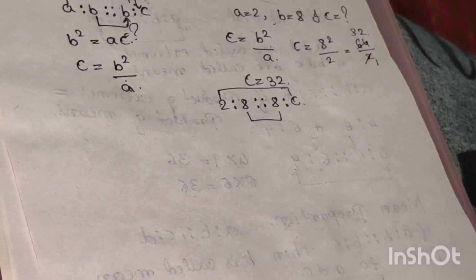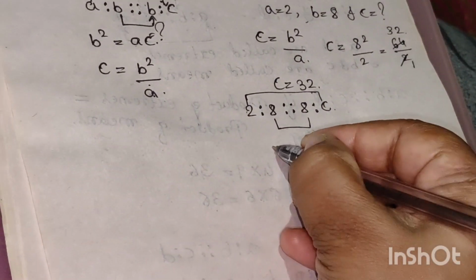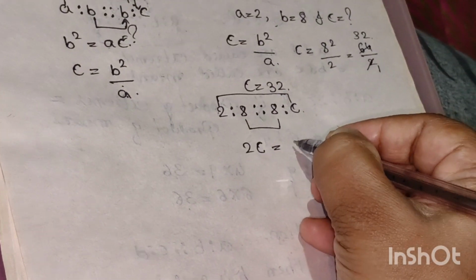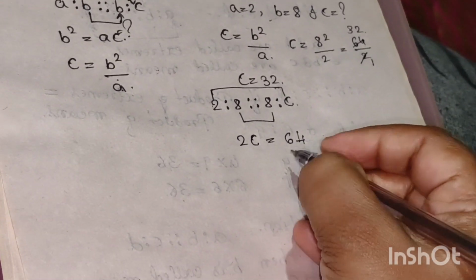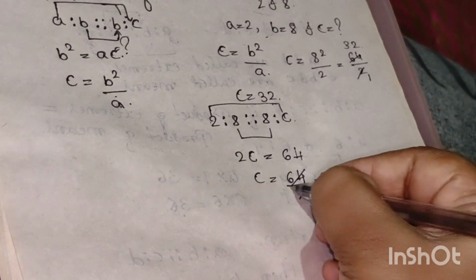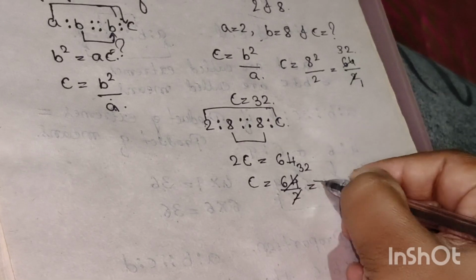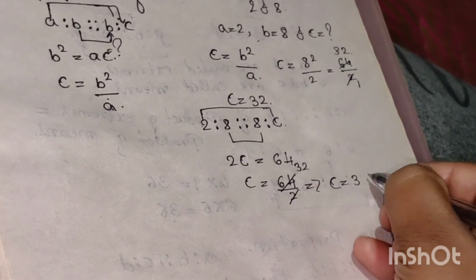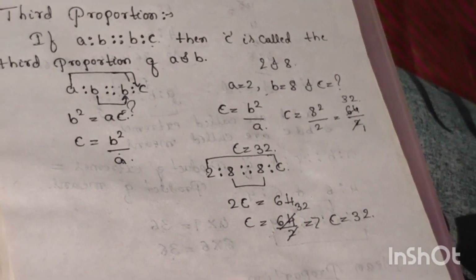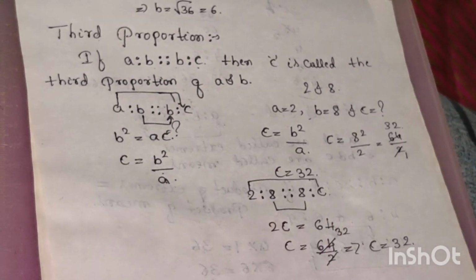Proportion means product of extremes is equal to product of means. So, product of extremes 2C is equal to 8 into 8. That means 64. So, C is equal to 64 by 2. That means 2 ones are 2, 2 threes are 6, 2 twos are 4. So, which implies C is equal to 32. Got it? This is the concept of third proportion.